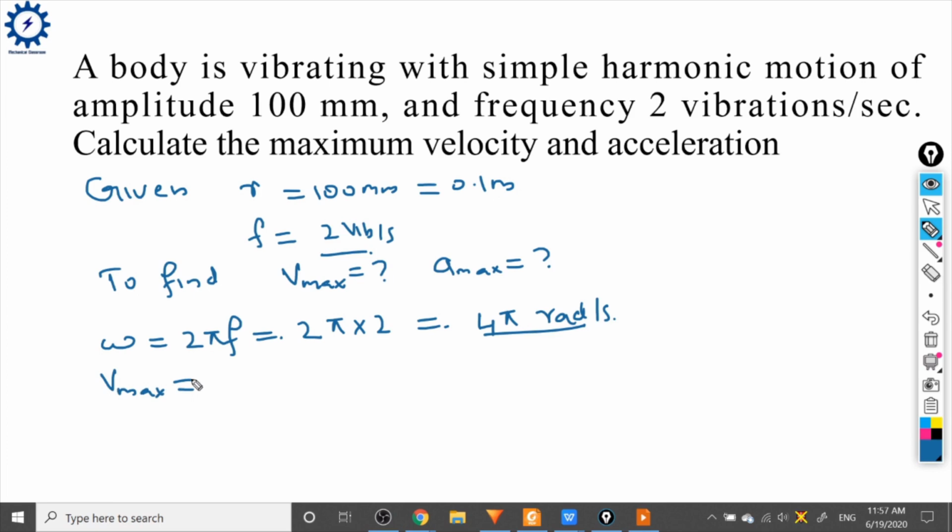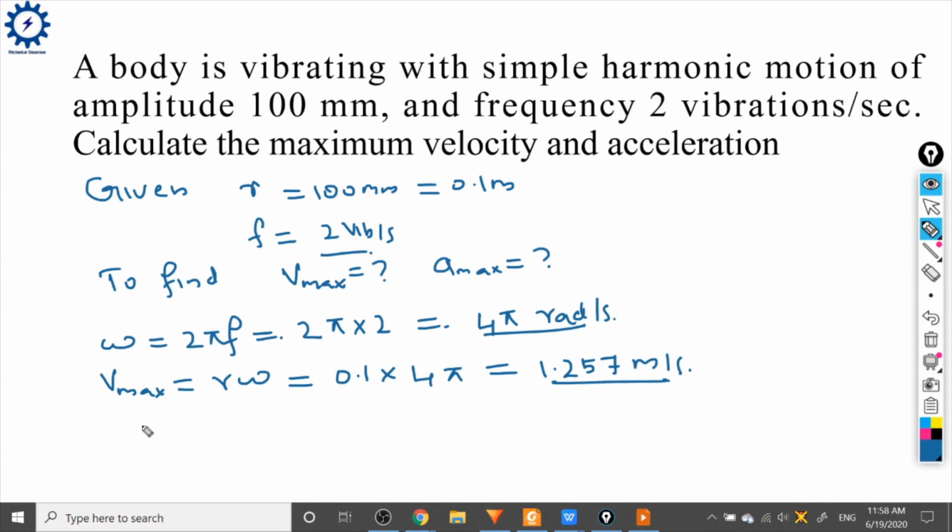Maximum velocity equal to r omega. Substitute the values. R is 0.1, omega is 4 pi. So we will be getting value as 1.257 meter per second. This is maximum velocity.